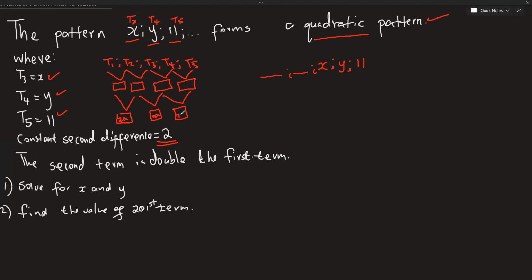Then the first differences: this part here is going to be 3a plus b. Remember? Then this part here is going to be a plus b plus c. So this part, term 1, is a plus b plus c.